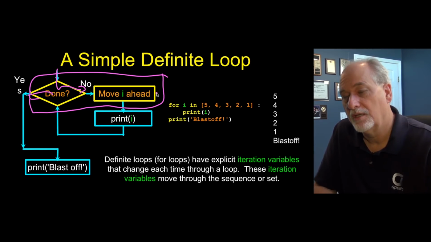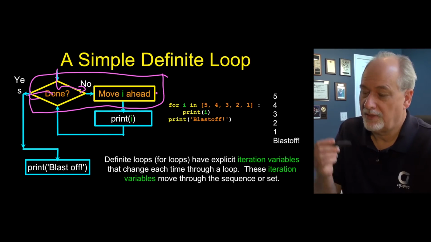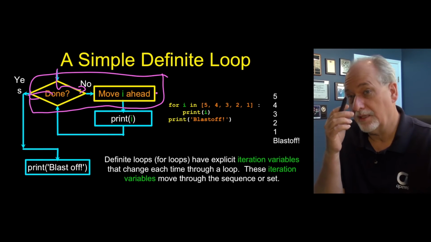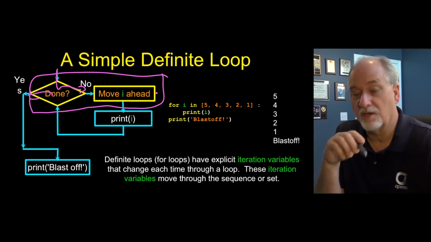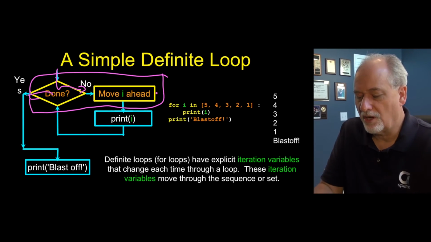It's managing the iteration variable, and initializing it too. If you go back to the while loop, we had n equals 0, while n greater than 0, n equals n minus 1. So we had like 3 lines to control the loop and manage the iteration variable. But with a for loop, we don't have to do that. That's all taken care of.